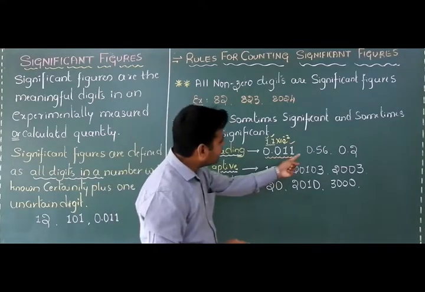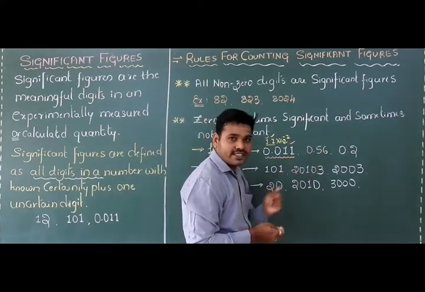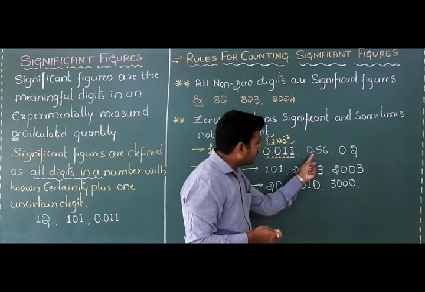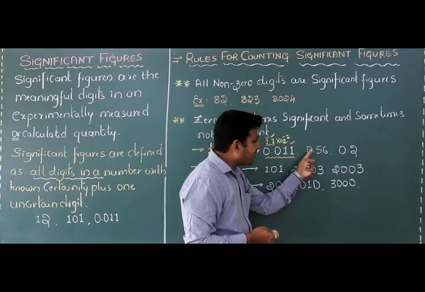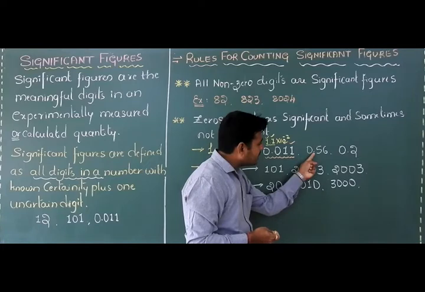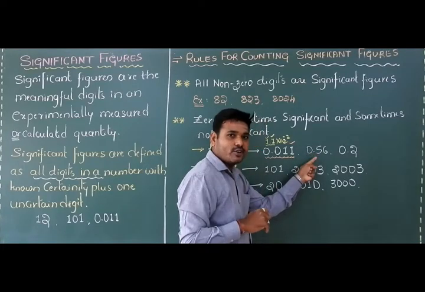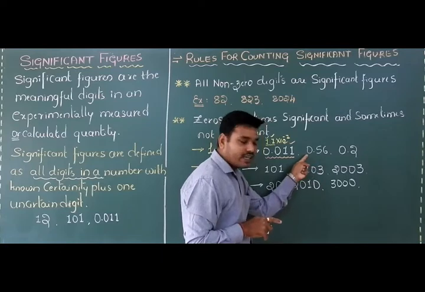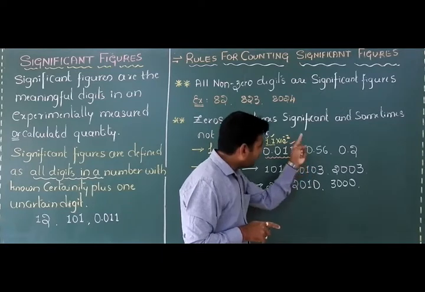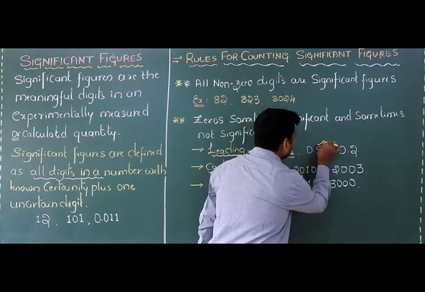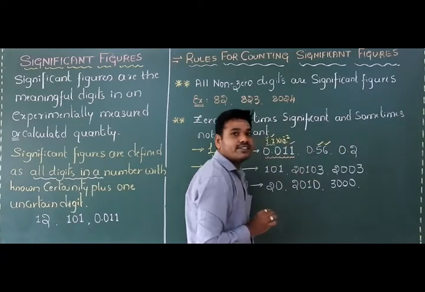Now the second example is 0.56. Again in this, a zero is present at the left hand side, before the first non-zero digit, that means a leading zero, and leading zeros are not counted as significant figures. So in this given number also, two significant figures are present, students.